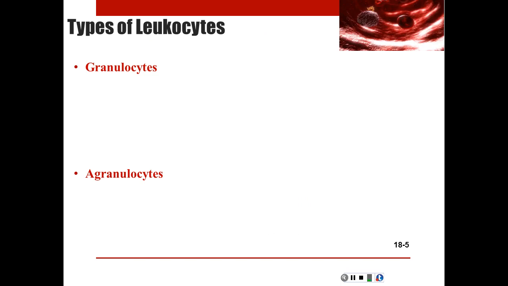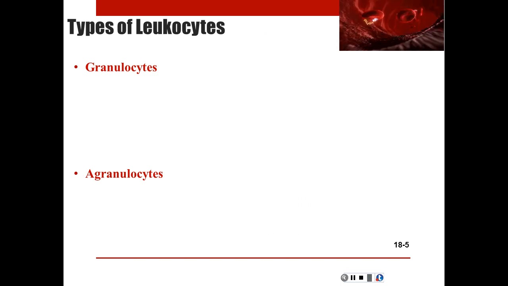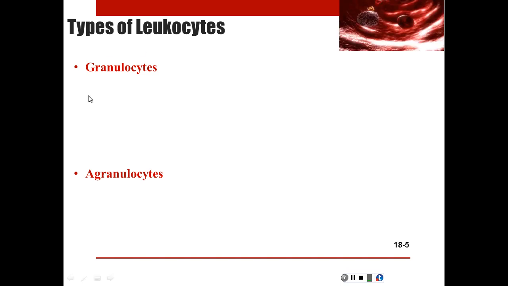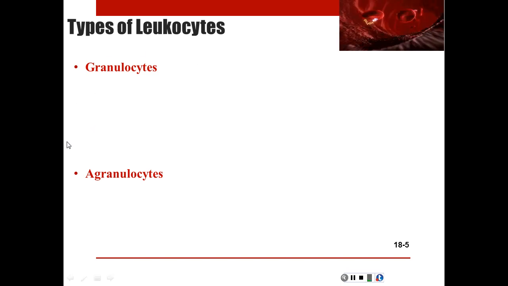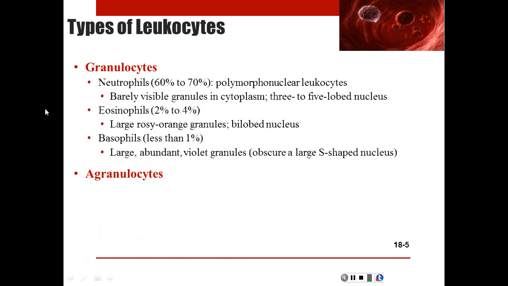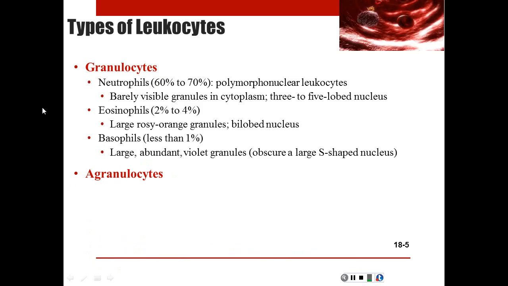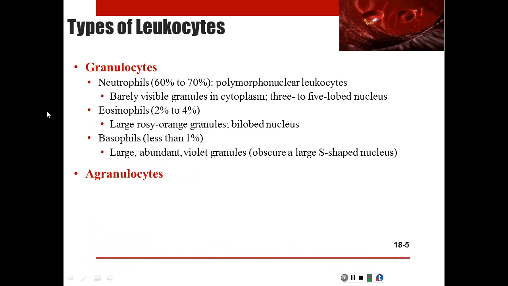Now, there are approximately 5 kinds of leukocytes, and they fall underneath these 2 categories, like I mentioned in the very first video. We have granulocytes and agranulocytes. Under the granulocytes, we have the first 3, which are neutrophils, eosinophils, and basophils.